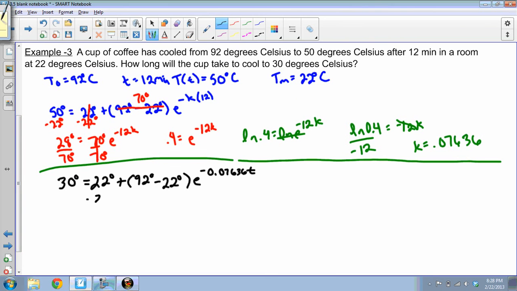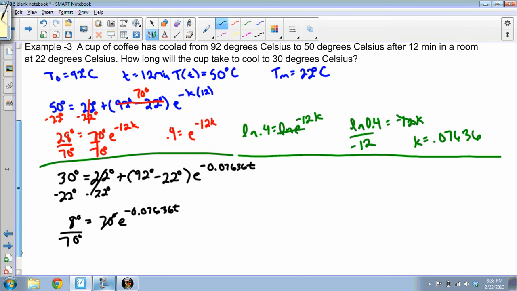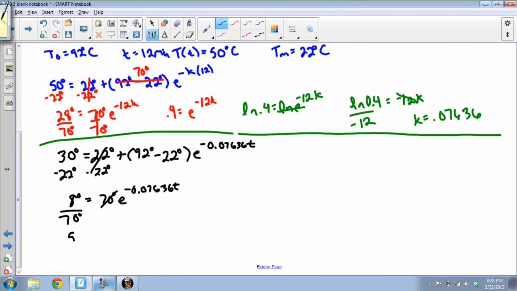So let's subtract 22 degrees. Eight degrees equals 92 minus 22, which is still 70. And we're going to divide by 70 and get 8 over 70, which is not a nice decimal, and it doesn't have a 5. If I reduce it, I get 4 over 35 is e to the negative 0.07636t.